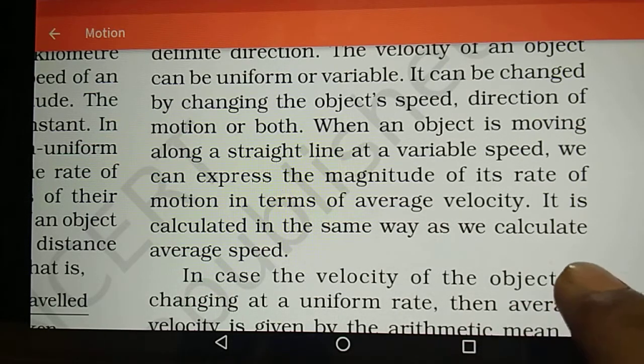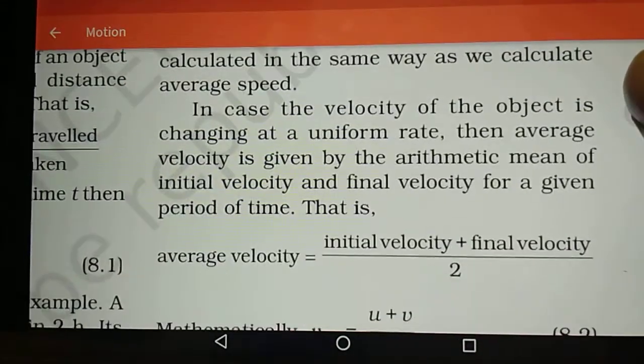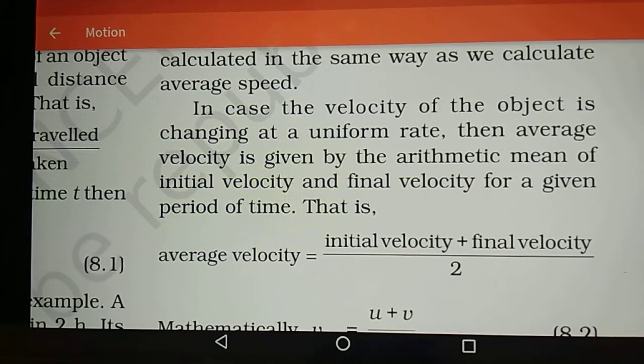Let's see. In case the velocity of the object is changing at a uniform rate, then average velocity is given by the arithmetic mean of initial velocity and final velocity for a given period of time. That is, as I've told you, to find any average, initial velocity plus final velocity divided by 2.